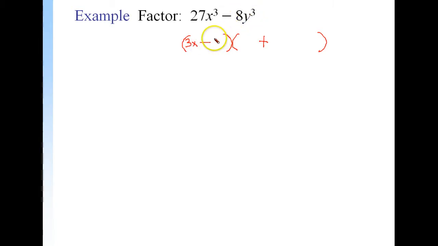Cube root of that is 2y. Square the first term. Multiply these two terms together and you get 6xy. And square this. And that's the recipe. Again, you need to try it with practice, and then later on your quiz me's.